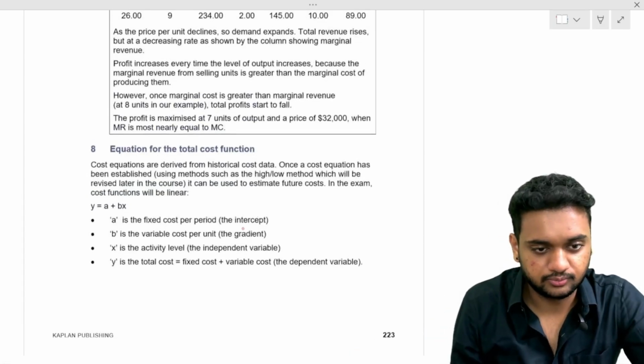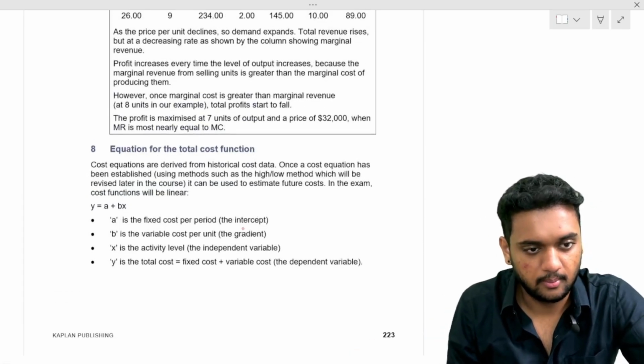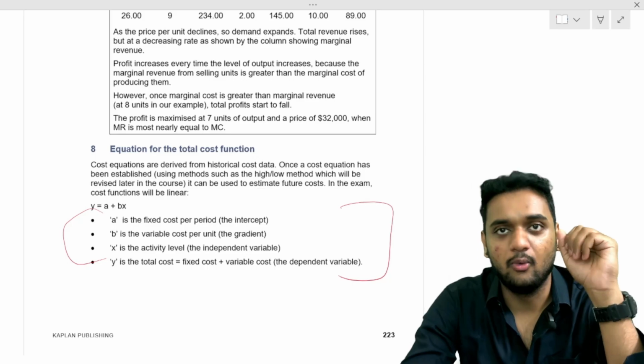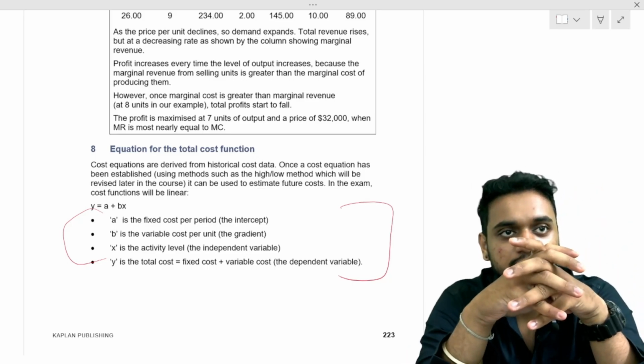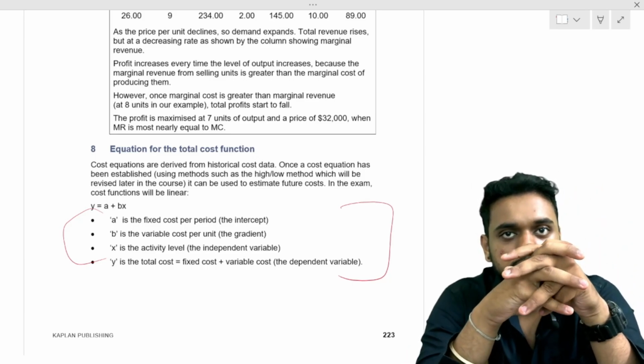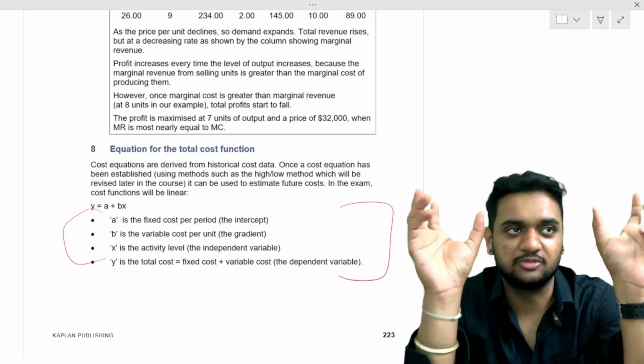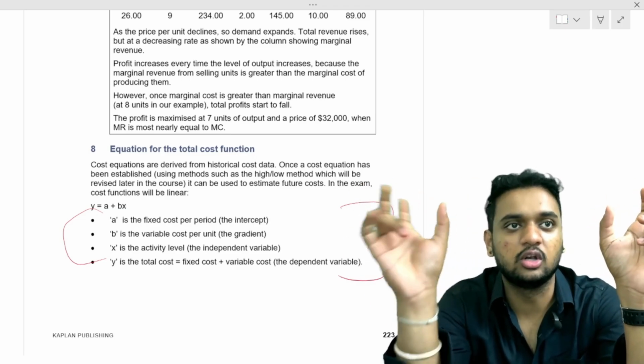Now we will go to the total cost function. Before that, you tell me, how will you find the total cost of the product? Fixed cost plus variable cost. Variable cost per unit or total variable cost?